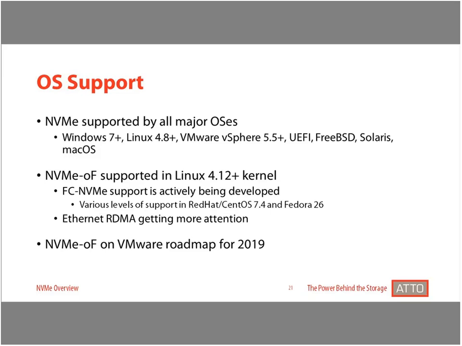And even Ethernet RDMA is getting more attention. Like I said, in the data centers, they can use that already with certain Ethernet vendors. NVMe over Fabric on VMware is on their roadmap for 2019.